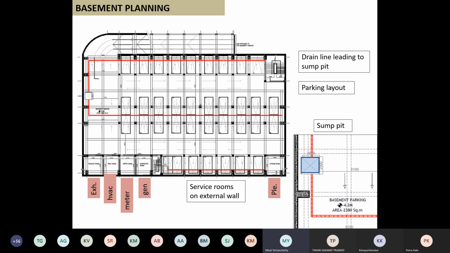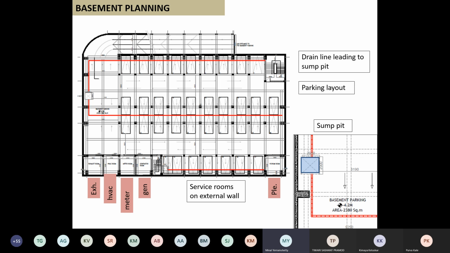Okay. And at the end, where you see the square, if you see the detail part at the bottom, the blue one where it is written sump pit, so you will get that. So you will see some pit, okay, and the red line, because it was not possible for you guys to understand in the larger scale, I have taken a zoom of it and put it here.